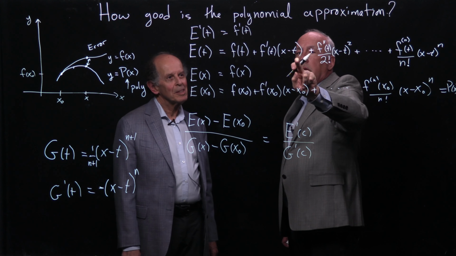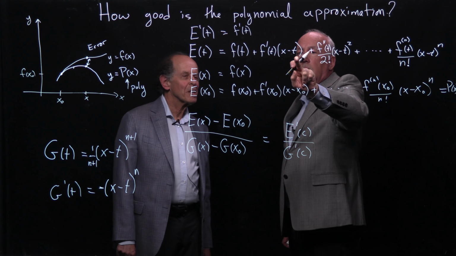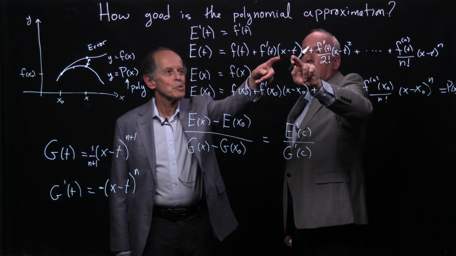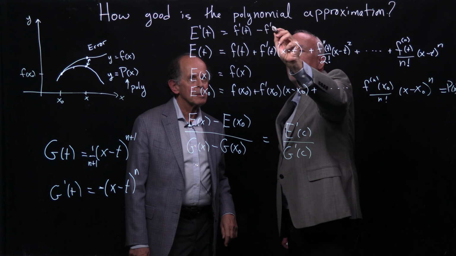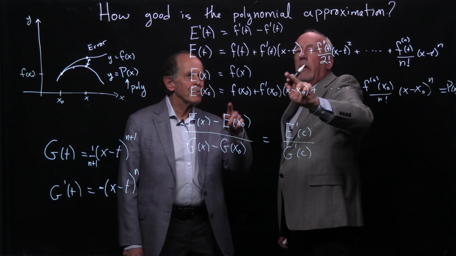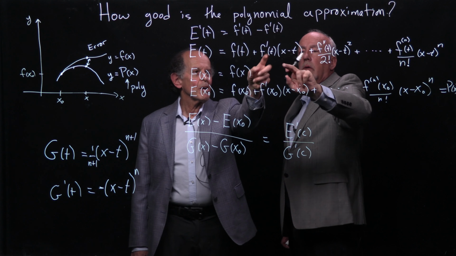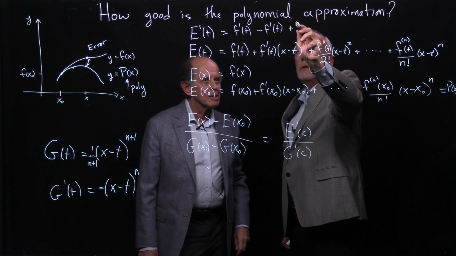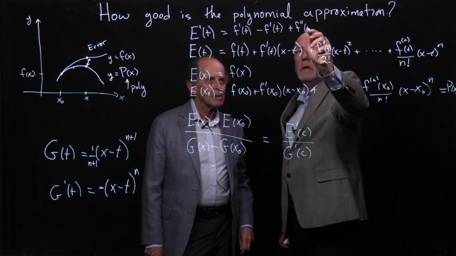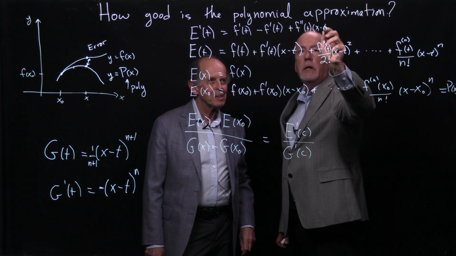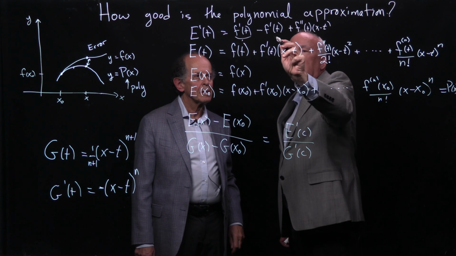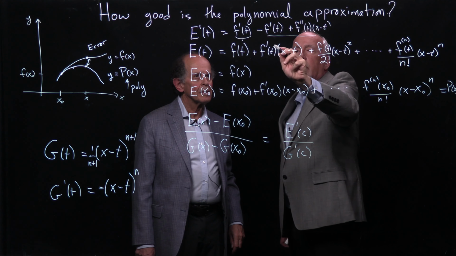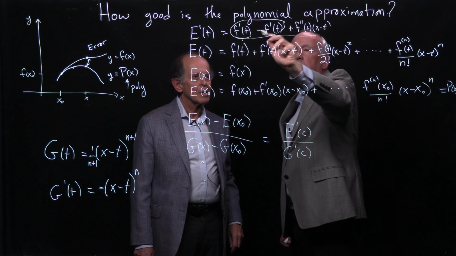With respect to t, you just get minus f prime of t, because a minus 1 times f prime of t. And then this also depends on t, so I get f double prime of t times x minus t. So this term came from here, and these two terms came from here. But the nice thing is these guys cancel, so I don't have to worry about them.